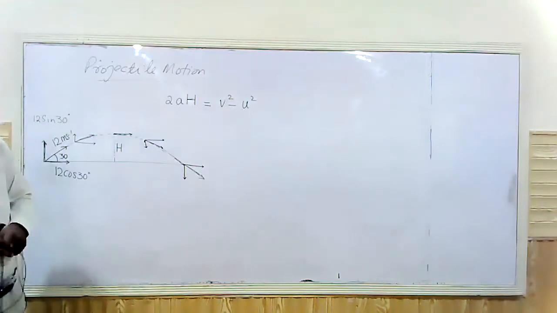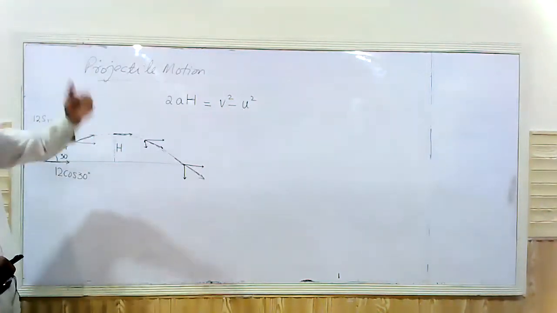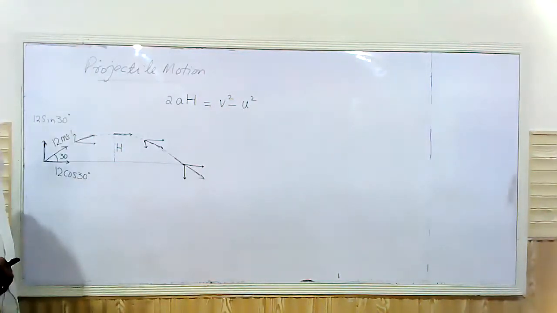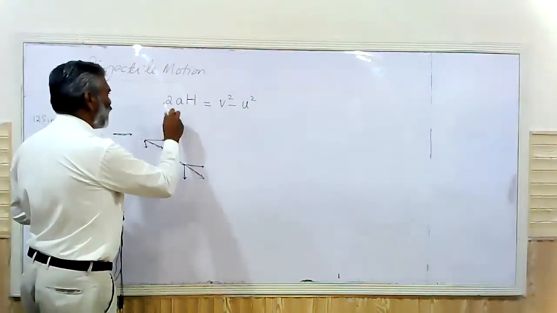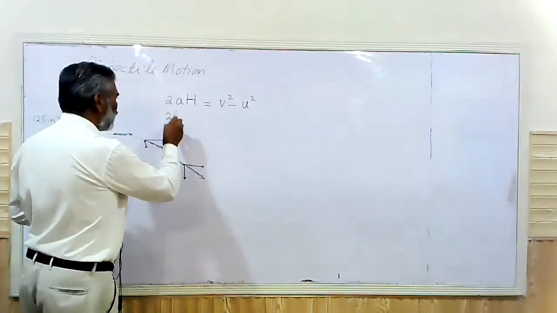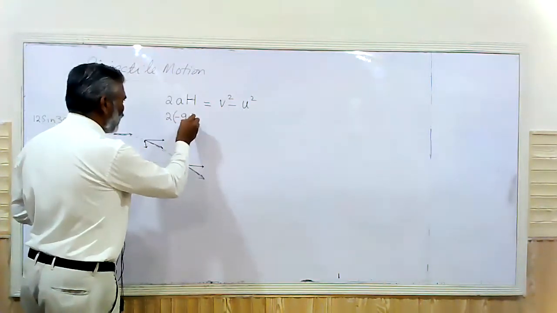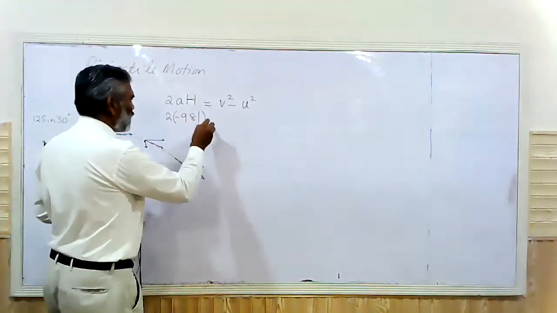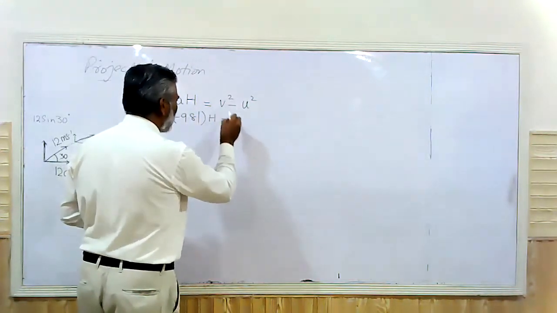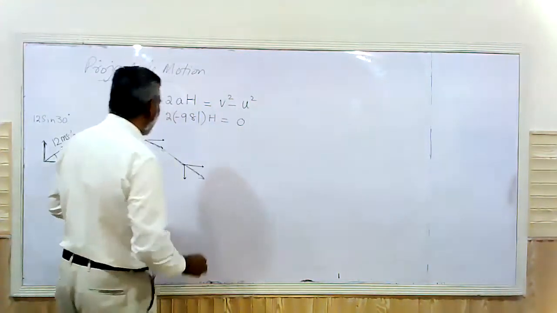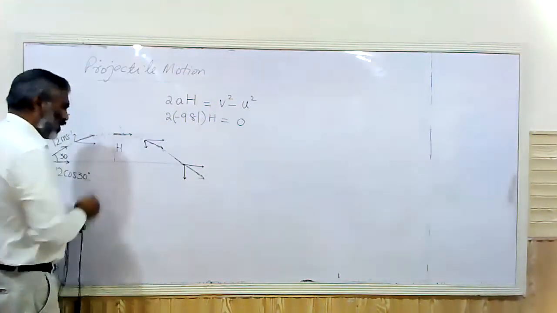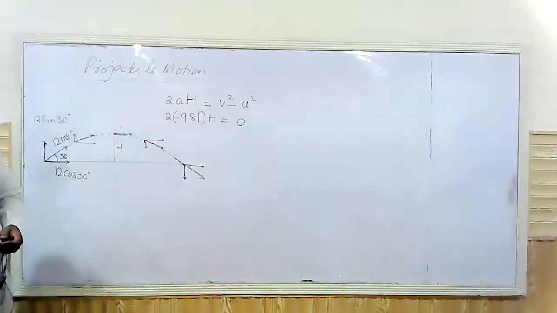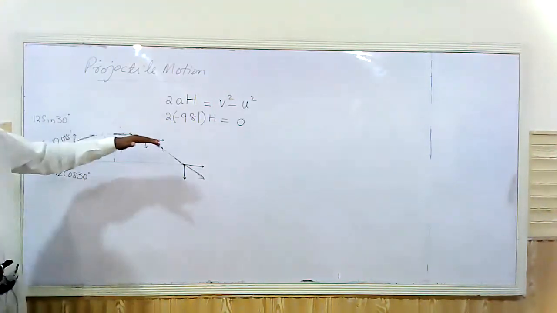This is the maximum height, the displacement of the object to which it rises, and this is minus 9.81. So you have 2 and this minus 9.81, this is H, and this v is 0 because there is no vertical component at this position at all, because the velocity is entirely along the horizontal.